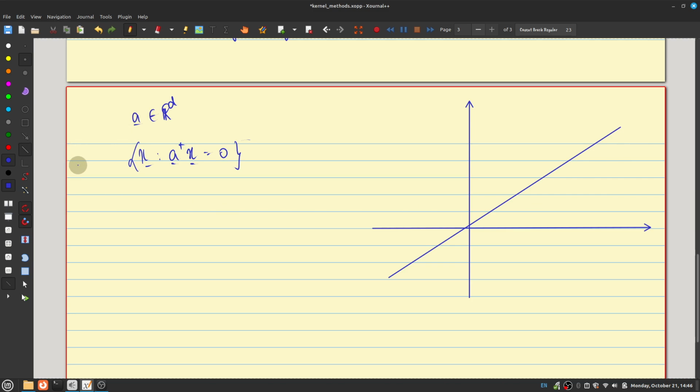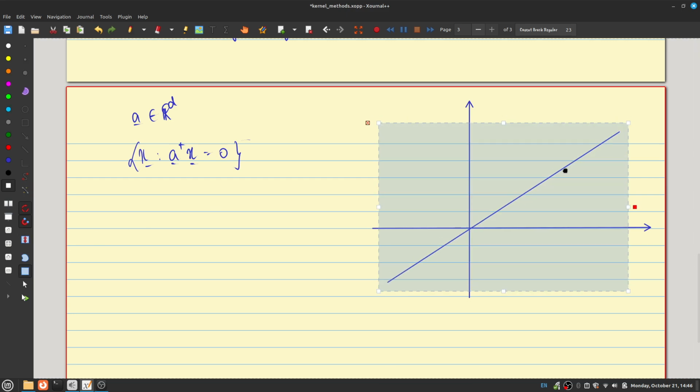If A is a zero vector, then what does this set correspond to? A transpose x equals 0. 0 transpose anything is equal to 0. So what can you say about the set of all x for which A transpose x is equal to 0?